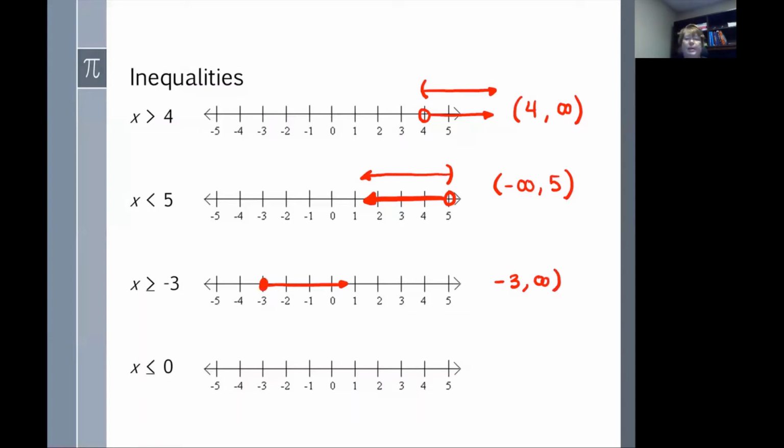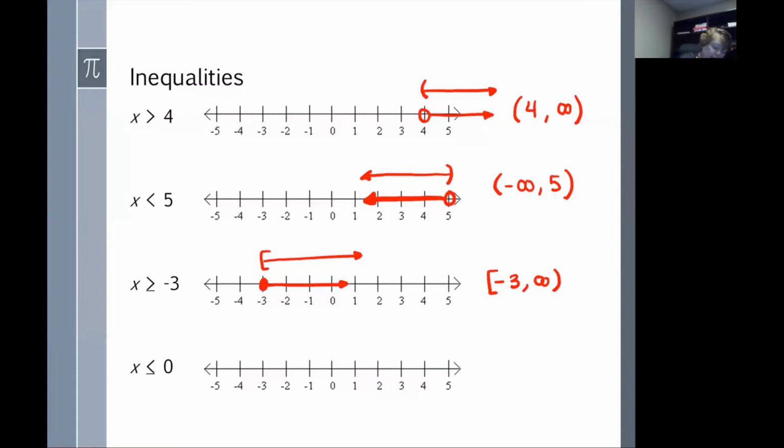So you can't actually ever reach infinity. But at negative 3, we're going to use a bracket. And that's how we would graph it. We would graph it using a bracket and an arrow to the right. The bracket indicates that the negative 3 is included in the solution of that inequality. So negative 3 does satisfy that inequality.